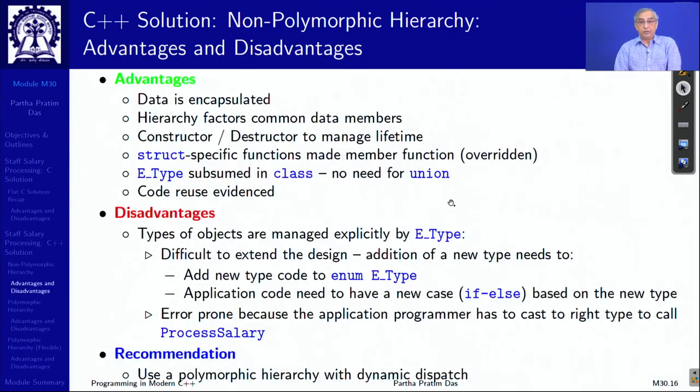So, let us take stock. What all advantages have we got by doing this change? First is data is encapsulated. That is, the first object oriented principle is satisfied. Hierarchy has factored the common data members, like the employee type and the name of the employee, and whatever common data members are there between the employees, like their employee code, address, date of birth, date of joining, all of that will similarly get factored into the base class.